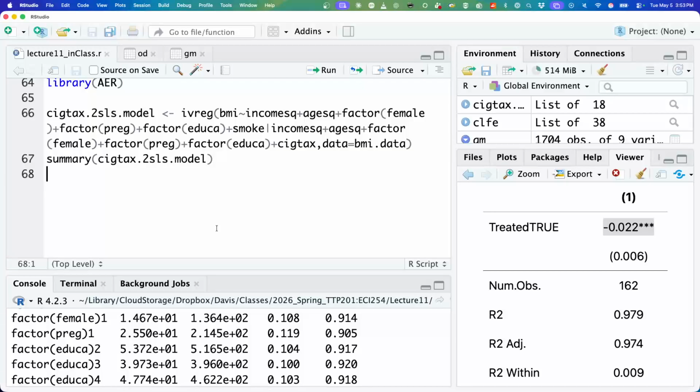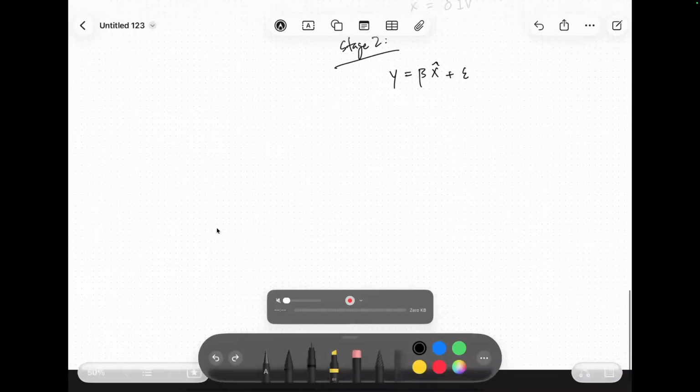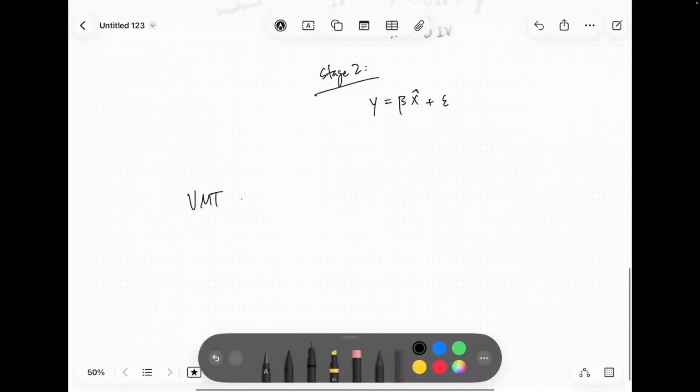One of the first papers that I wrote when I was in grad school was with an economist, and just to give a sense of an interesting instrument, we were looking at how VMT, vehicle miles traveled, is affected by changes in gas prices.